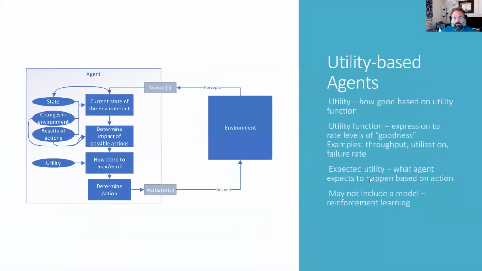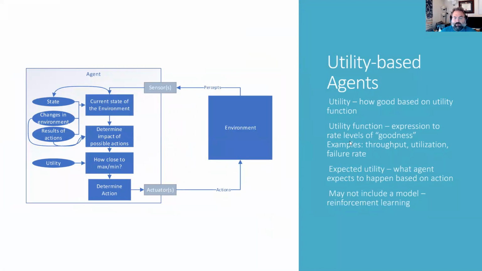Similar in a way are utility-based agents. This is about some sort of utility function that determines good or bad. Sometimes you want to maximize the utilization rate, sometimes you want to lower it with a minimization effort, depending upon the situation. And then there's this concept of an expected utility, which is what you think will happen, and then it may or may not really happen.